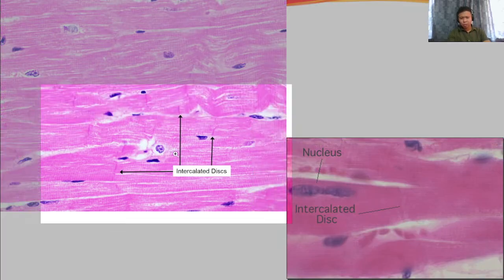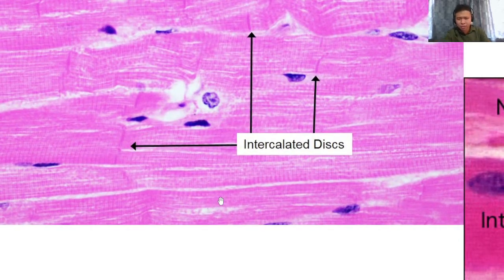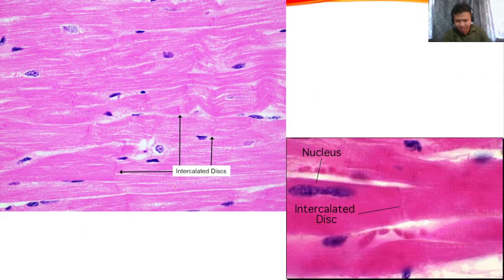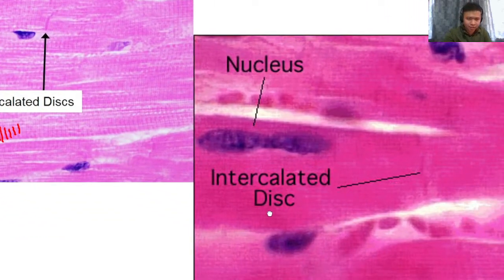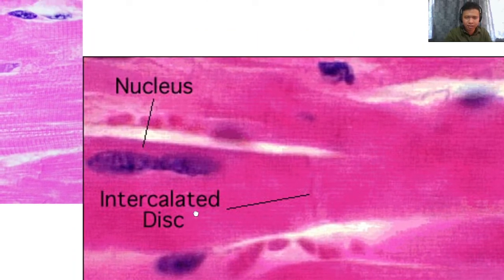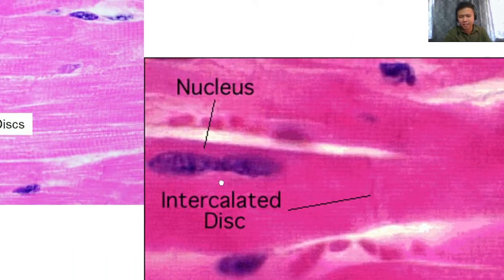As we zoom in, there is a parallel structure called striations, strengthening the muscle, allowing it to perform vigorous, heavy activities. Here, the striations are not very clear, but there are intercalated discs.